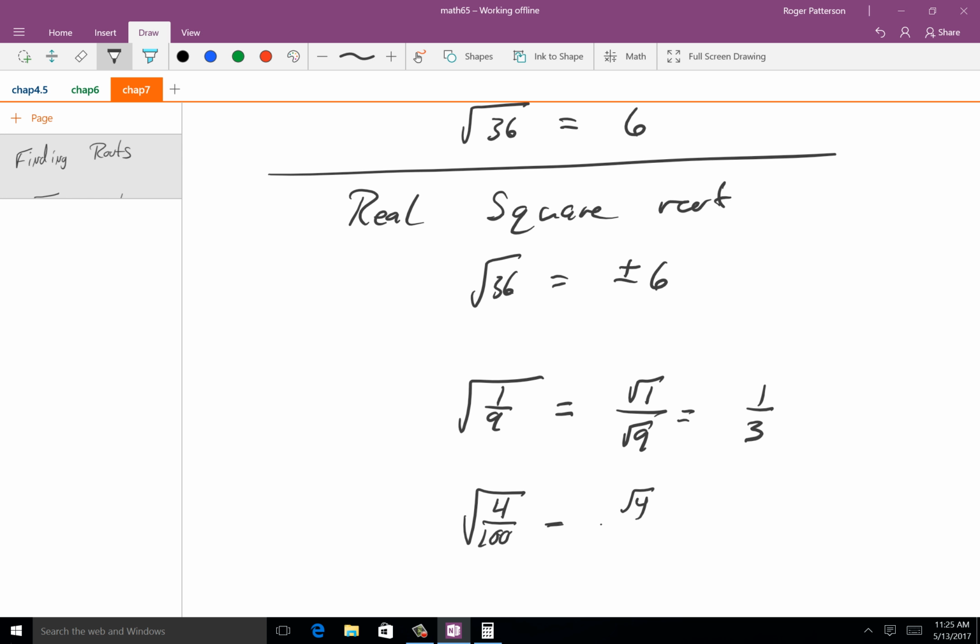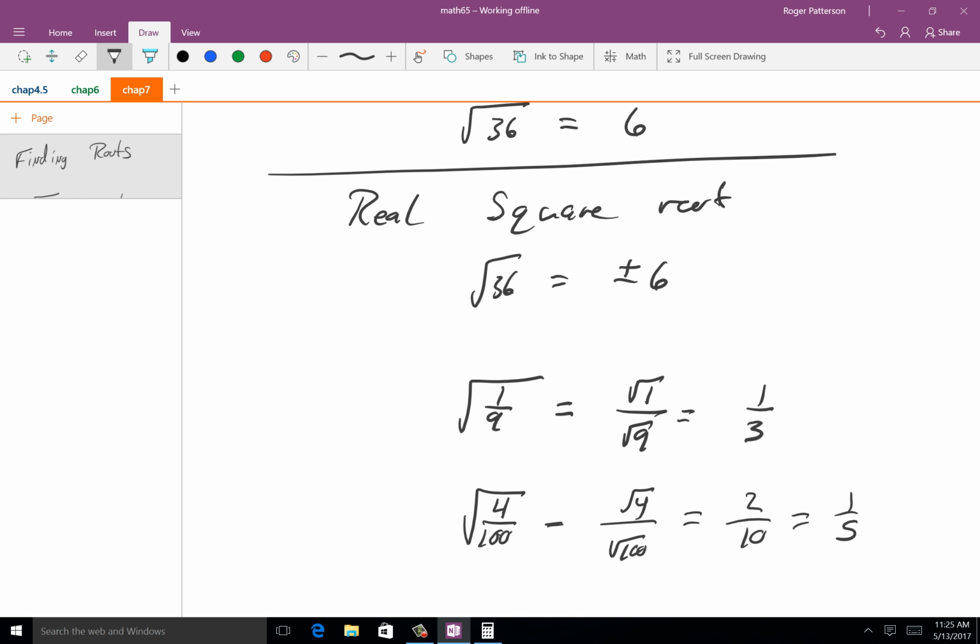Square root of 4, square root of 100, 2/10, or 1/5. You don't need a calculator because you use that chart.